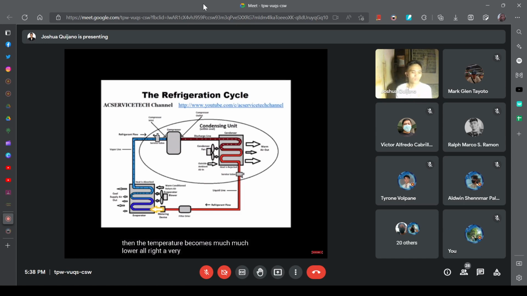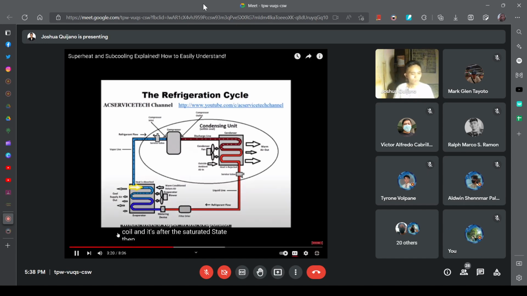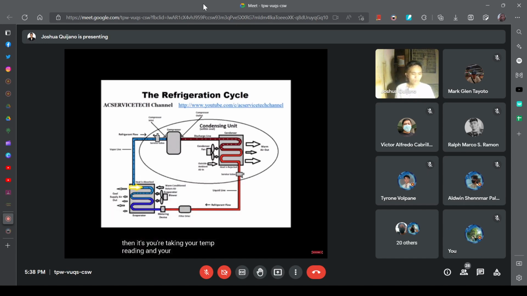All right, a very easy way of remembering what superheat is it's the temperature increase in vapor form in the evaporator coil. All right, you can simplify it down to that. All right, because there's only one spot where there's vapor in the evaporator coil, and it's after the saturated state, and then you're taking your temp reading and your pressure reading potentially right after it gets out of the evaporator coil. We usually don't have ports there right after the evaporator coil, so we're taking our reading as a total superheat out at the compressor.